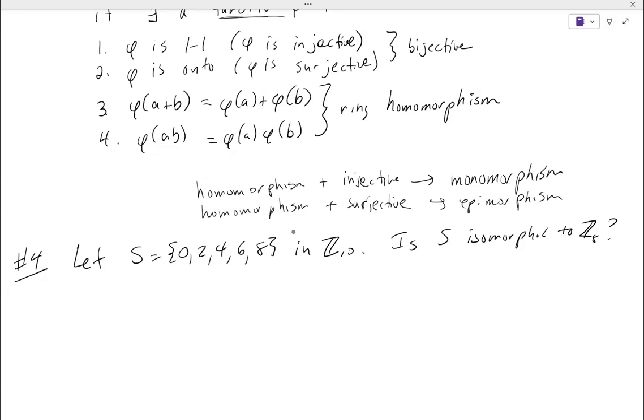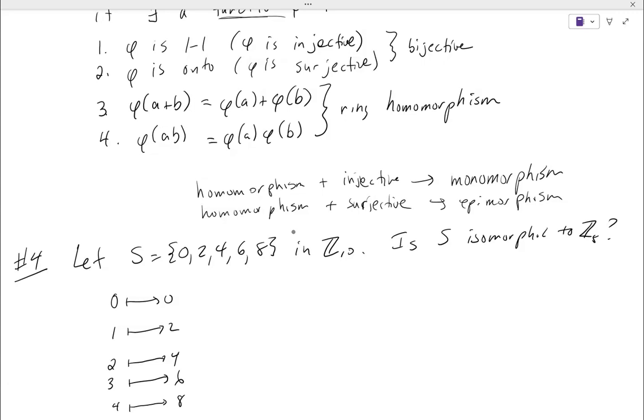Okay. So let me ask you this first. Does this identification work? I would say that this identification is probably the natural one, right? Double the number.